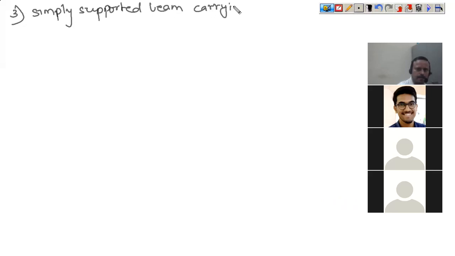Now, coming to the last case. The last case is a simply supported beam carrying a uniformly distributed load over its entire length.